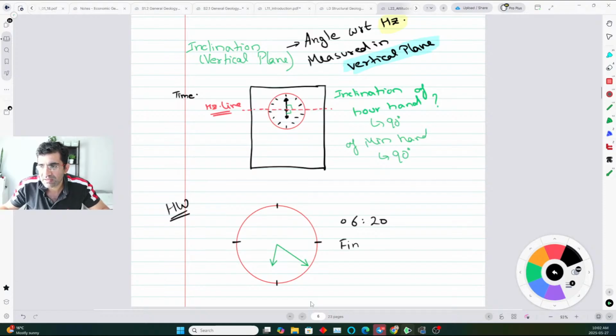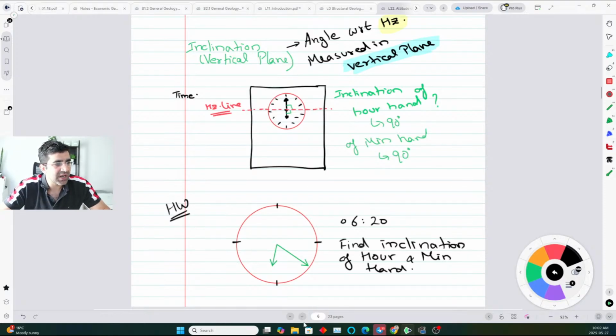Find the inclination of the hour and minute hand. So this is giving you practice of both geology and aptitude. This will take some thinking, but aptitude is asked in the ONGC exam and the GATE exam also, so you should keep thinking that way.